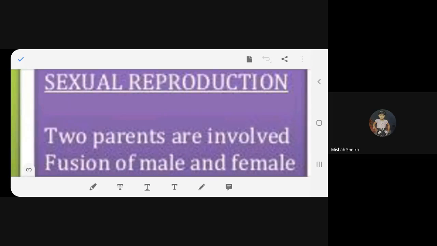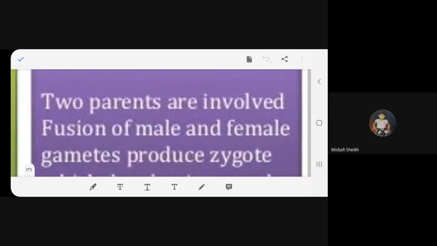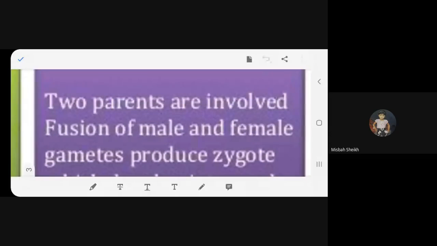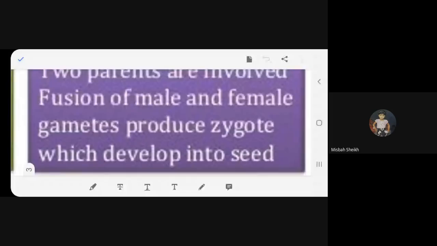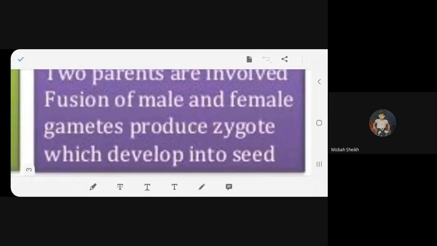Did you understand? Sexual reproduction: two parents are involved. Fusion of male and female gametes produces a zygote, which develops into a seed. Fine.